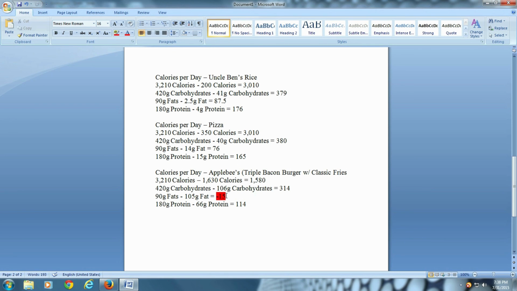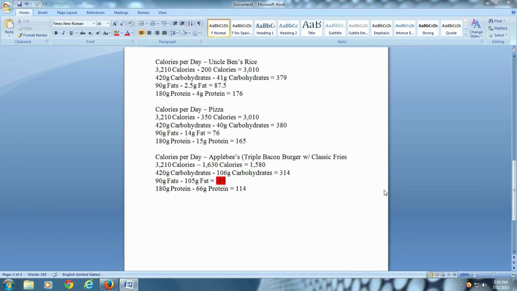They don't realize how the macronutrients of a meal affect their daily macronutrient profile. If I'm only supposed to get 90 grams of fat and I get 105, I went over. This is how it causes your diet to be inconsistent, and when you do things like that, it does not work. Your nutrition does not work when you constantly go over on your macronutrients.